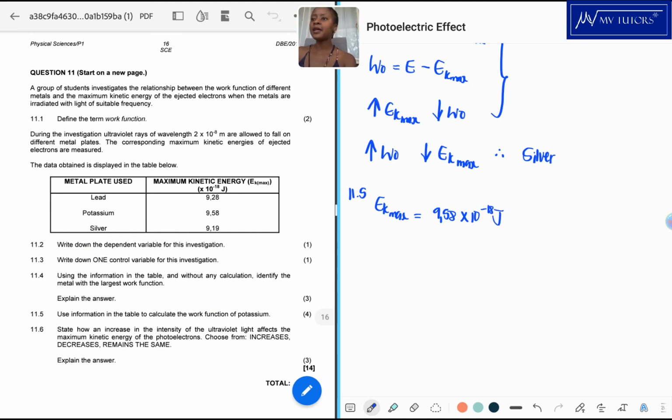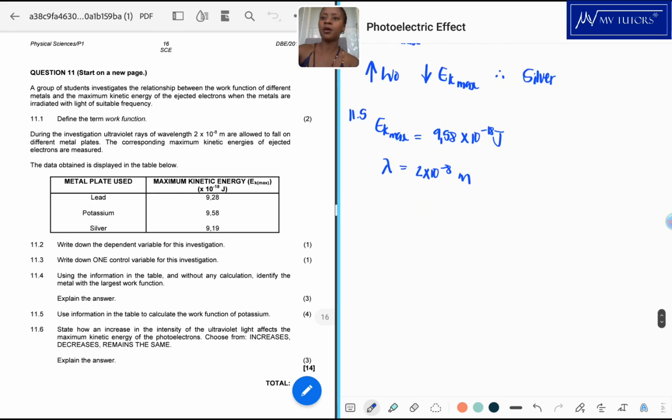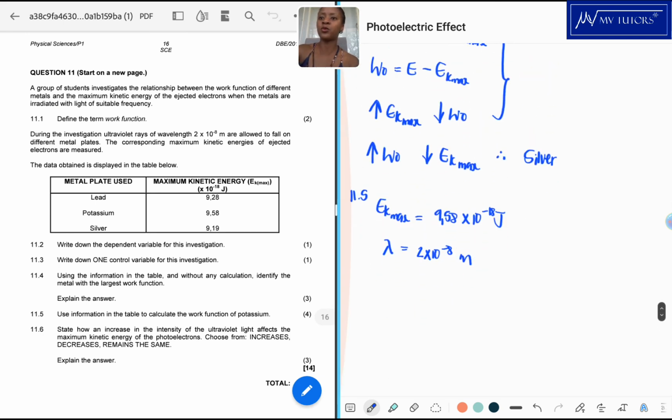And then remember they used ultraviolet rays. The light that was incident on the metal is the ultraviolet rays, so the wavelength would be equal to 2 times 10 to the power minus 8 meters. If I were to calculate the work function, I already wrote this equation in terms of work function.